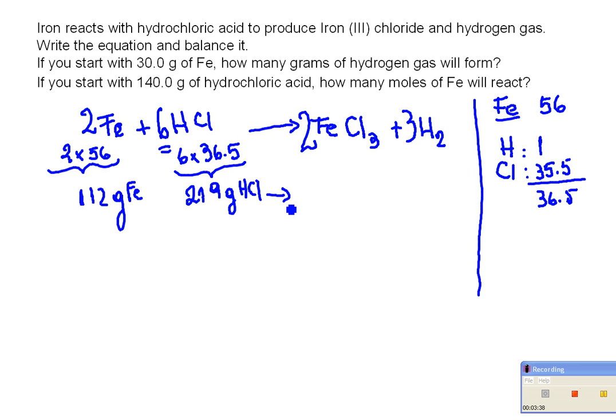Do you understand what I'm doing? Now, we need to calculate this one. And this one is going to be chlorine, which is 35.5 times 3. So 3 times 35.5. And the iron is 1 times 56. Can somebody tell me 35.5 times 3?